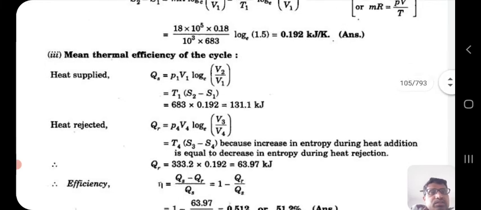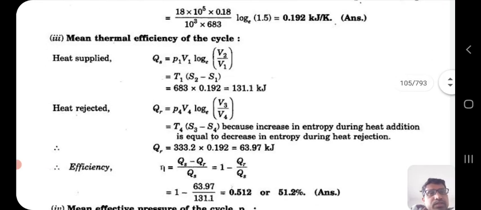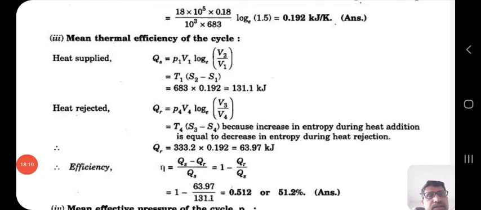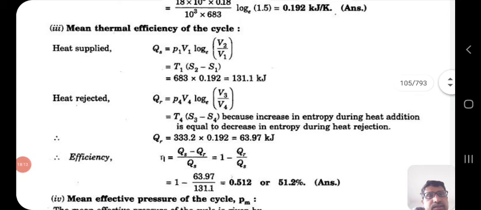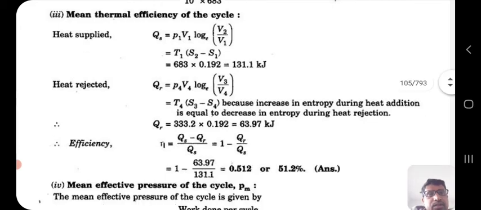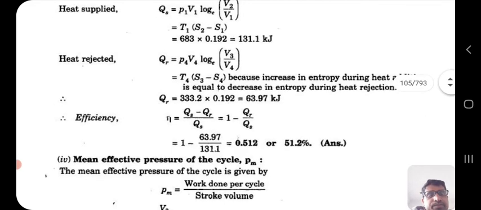So that is equal to 0.192 kilojoule per Kelvin. Mean thermal efficiency of the cycle: heat supplied Qs is equal to P1 V1 ln V2 by V1, that is T1 (S2 minus S1), 683 into 0.192, so 131.1 kilojoule.